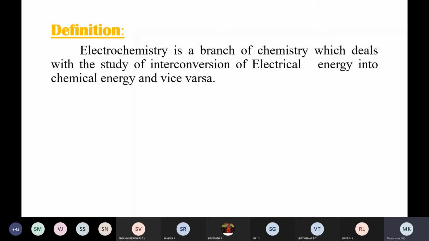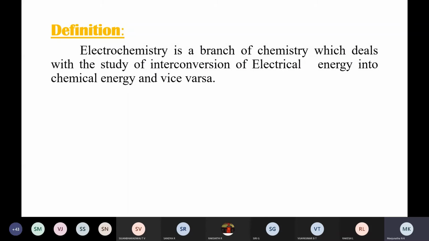In electrochemistry we discuss only how electrical energy is converted into chemical energy, or how chemical energy is converted into electrical energy.